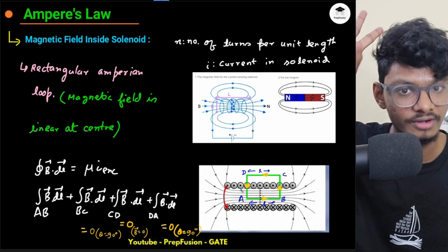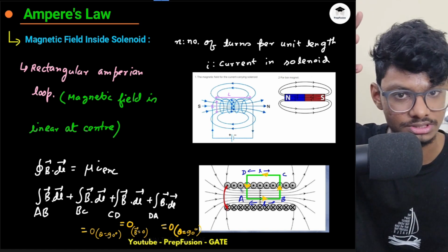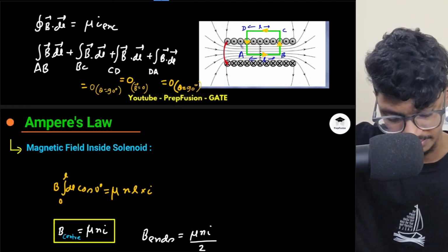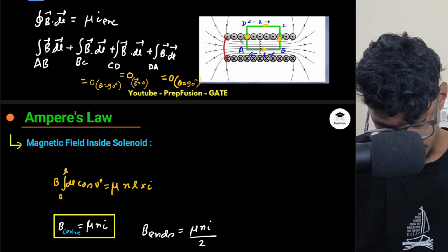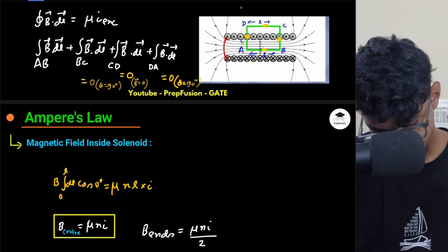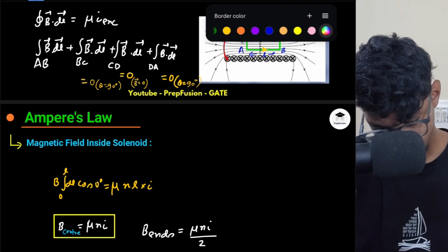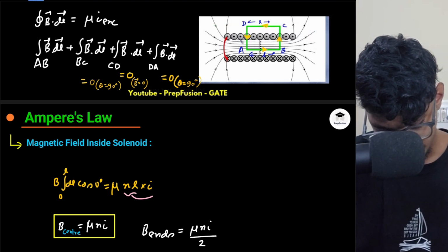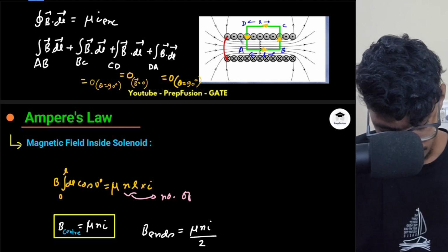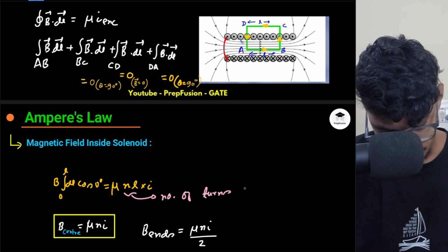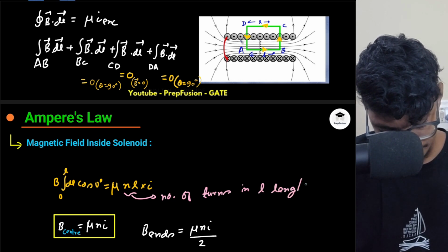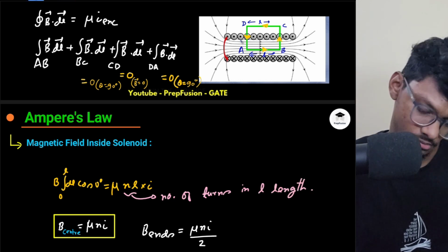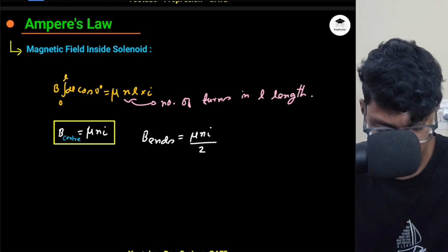In 2 meters I will have 4 turns. I just do a linear multiplication, and that is what I did. This gives me the number of turns in length L.